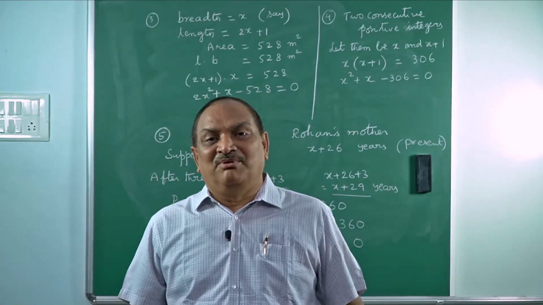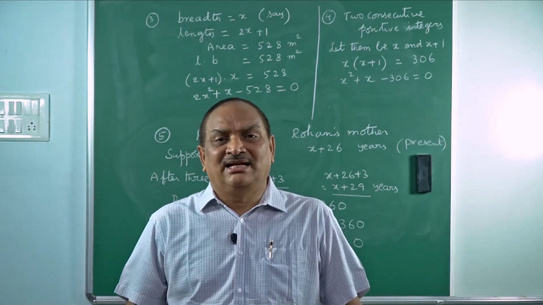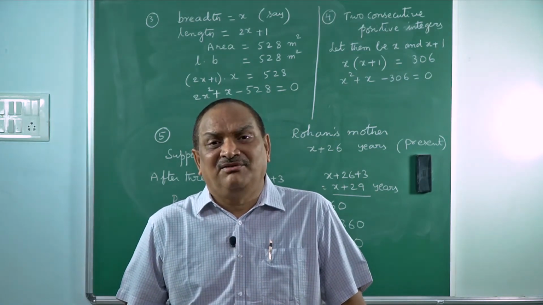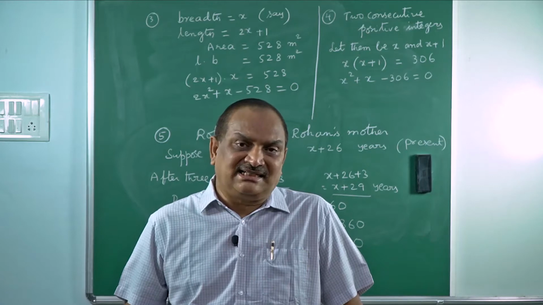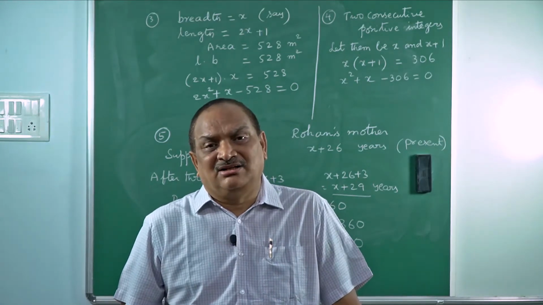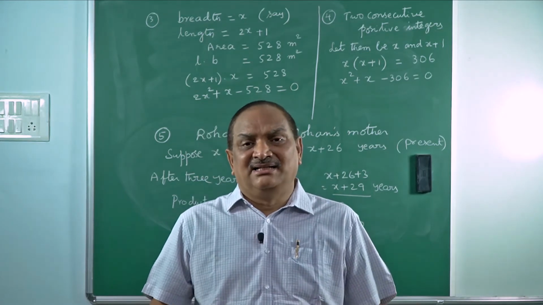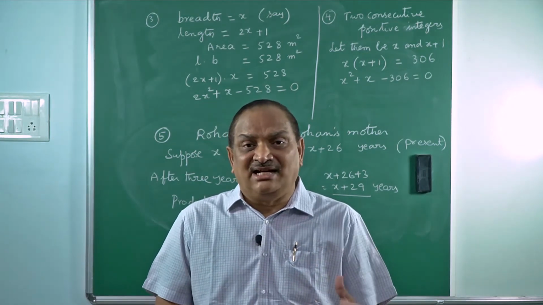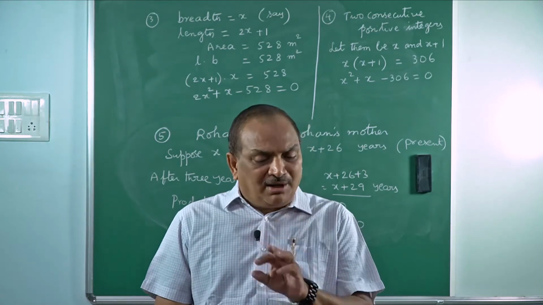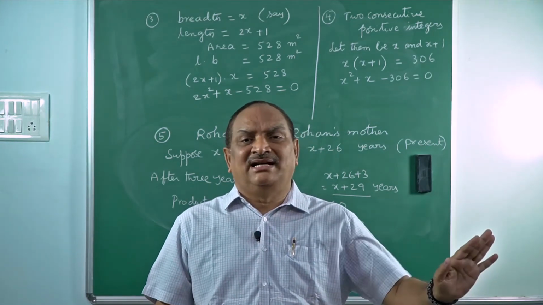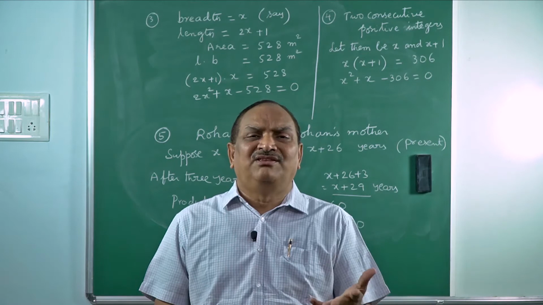If you can write that left hand side as x minus alpha times x minus beta and is equal to 0, that is the equation. The product of these two factors is 0, so one of them must be 0.